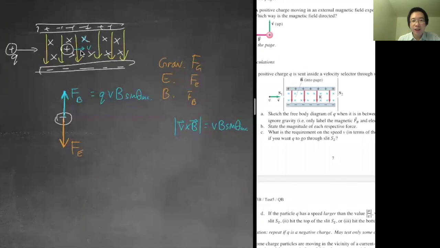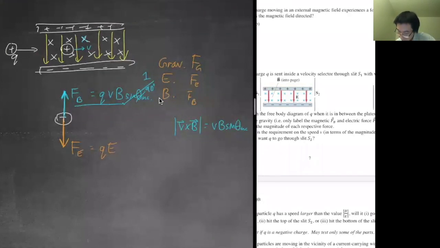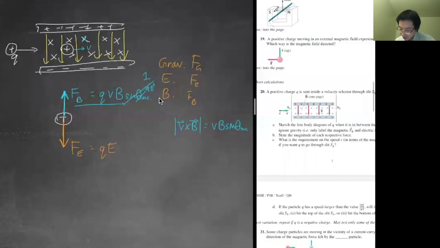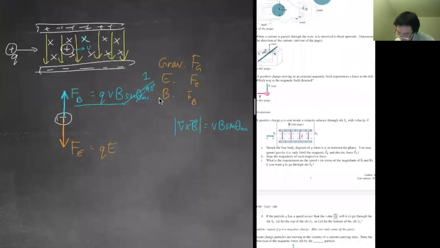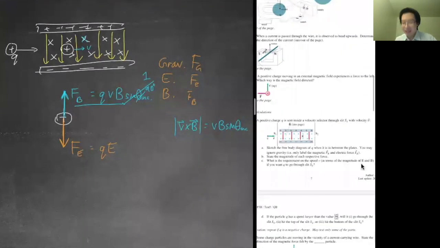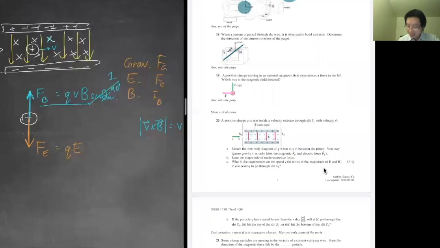V is going this way, the field is going into the page, so they're 90 degrees of each other, so the sine is just 1. That is the magnitude of the B force, and this is the magnitude of the E force. It says in terms of E and B, oh, maybe I should specify. I put it in the third part, but not in the second part.